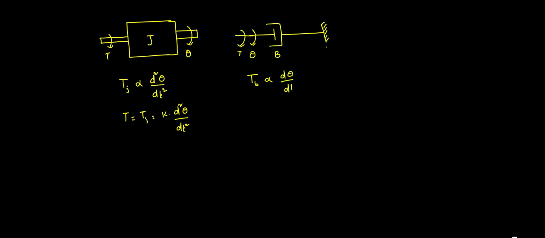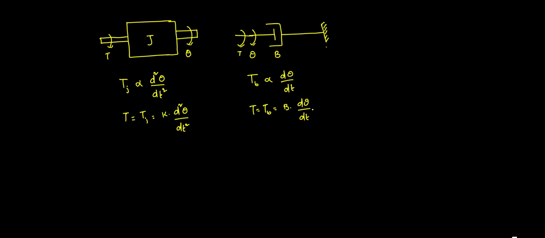So the applied torque T is equal to Tb, the torque opposing due to friction, which is equal to B into d theta by dt.